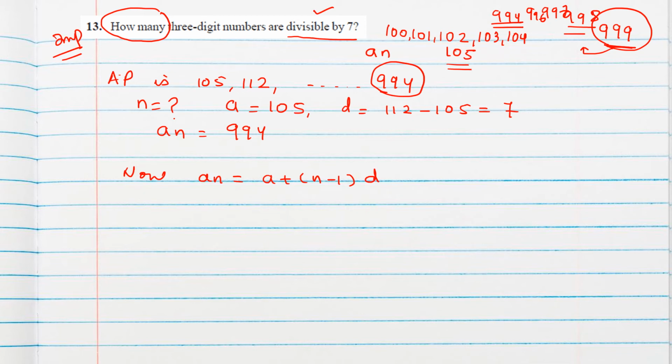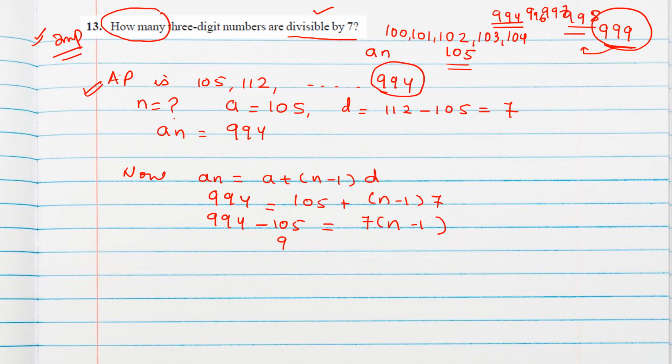For such kind of questions, finding the AP is the important thing, because we should know from which number our AP will start and at which number it will end. So a is 105, n is not known here, d is 7. So 994 minus 105, and 7 into (n minus 1). 14 minus 5, 9 will be left.